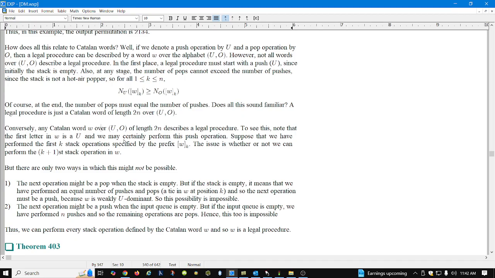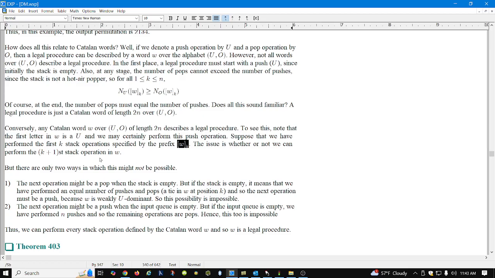So suppose we have performed the first K operations specified by this prefix. The issue becomes whether or not we can perform the next operation, the K plus first stack operation, push or pop. If we can do that, since K is not specified here, we can do the entire word and get a legal procedure.